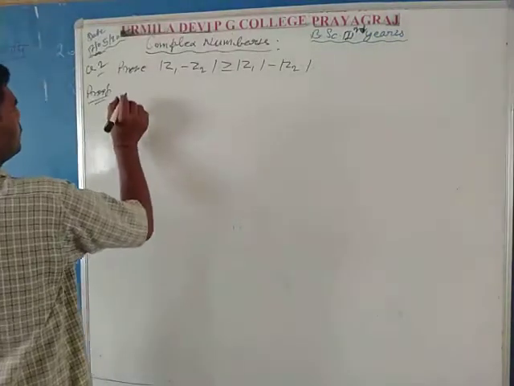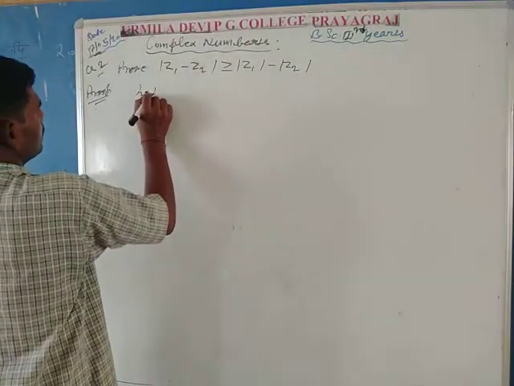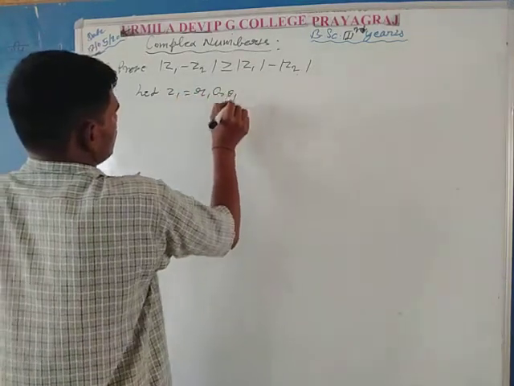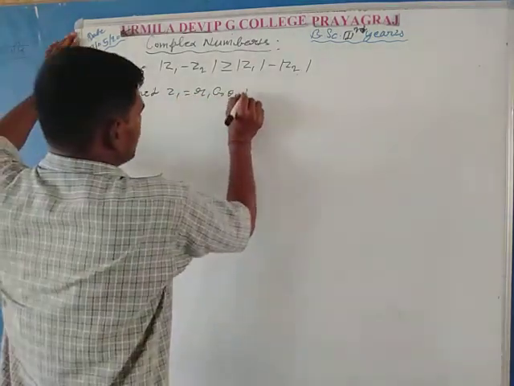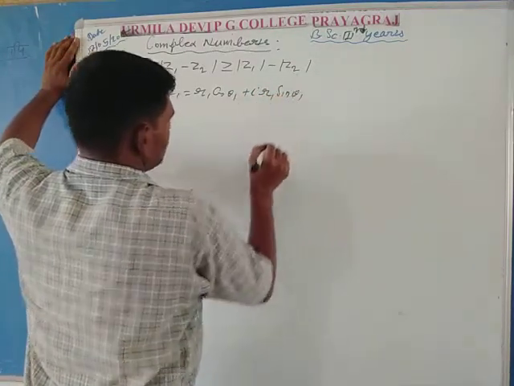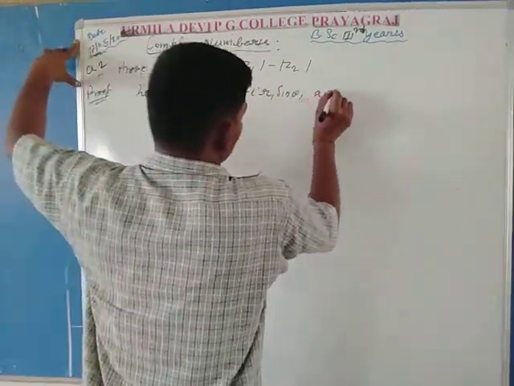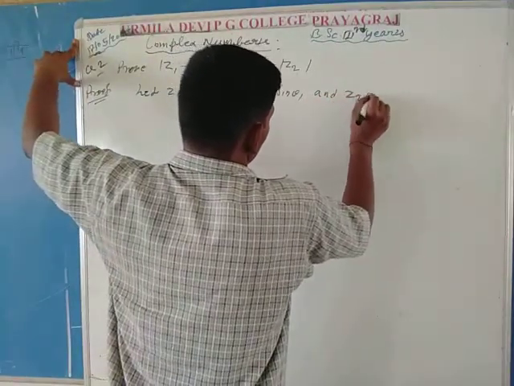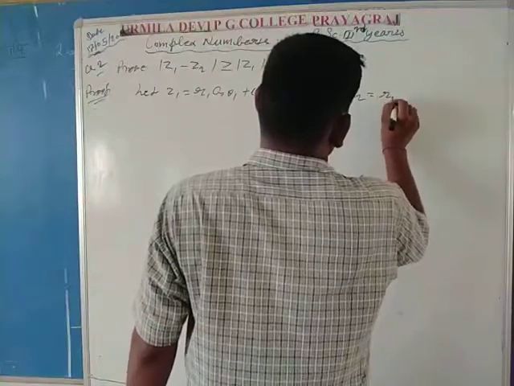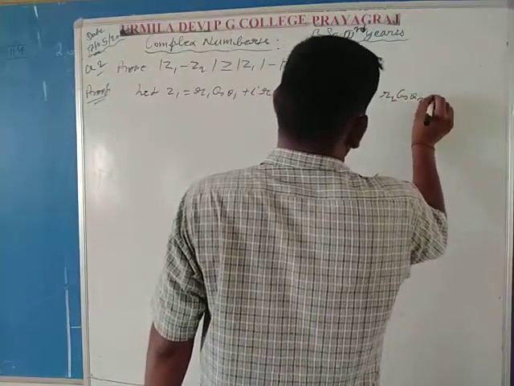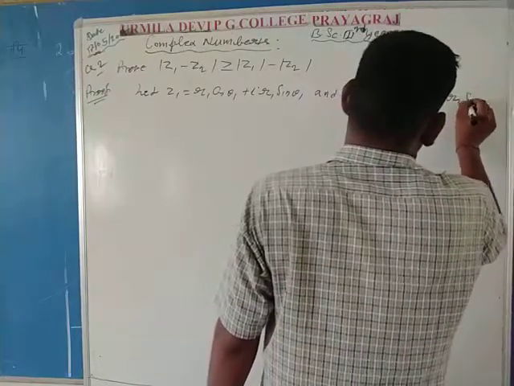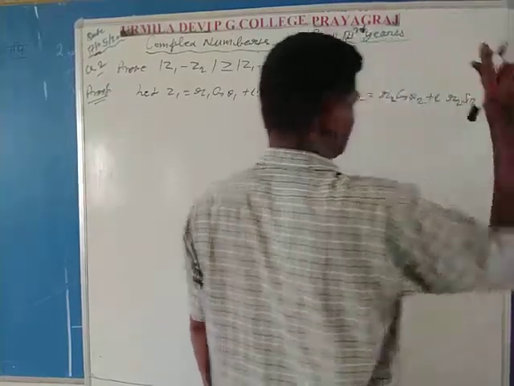So in proof, let Z1 is equal to R1 cos theta 1 plus I times R1 sin theta 1, and Z2 is equal to R2 cos theta 2 plus I times R2 sin theta 2.